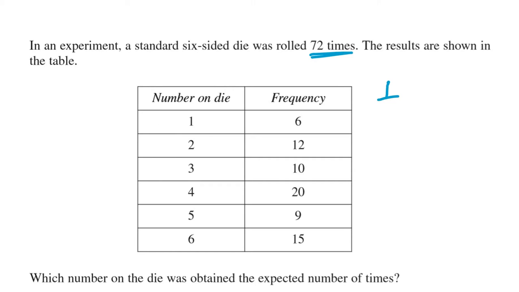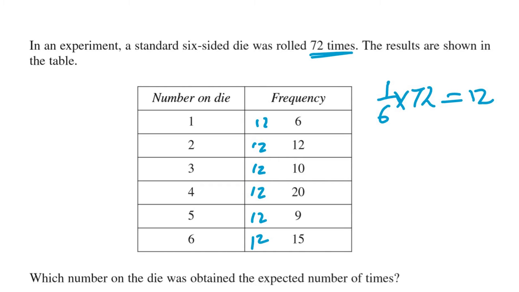So 1/6 times 72 is 12, right? So in theory, each of those should come out 12, 12, 12, 12, 12, 12. That's what that meant.